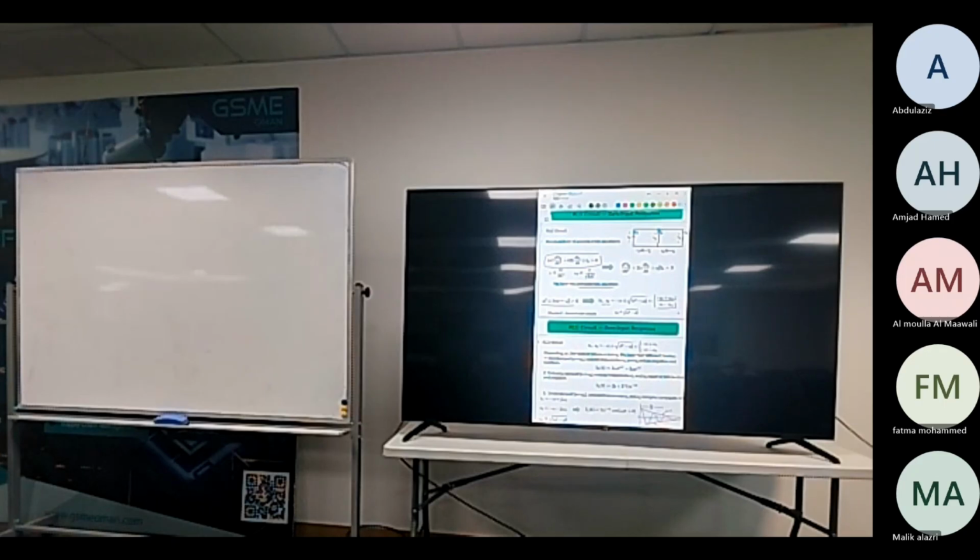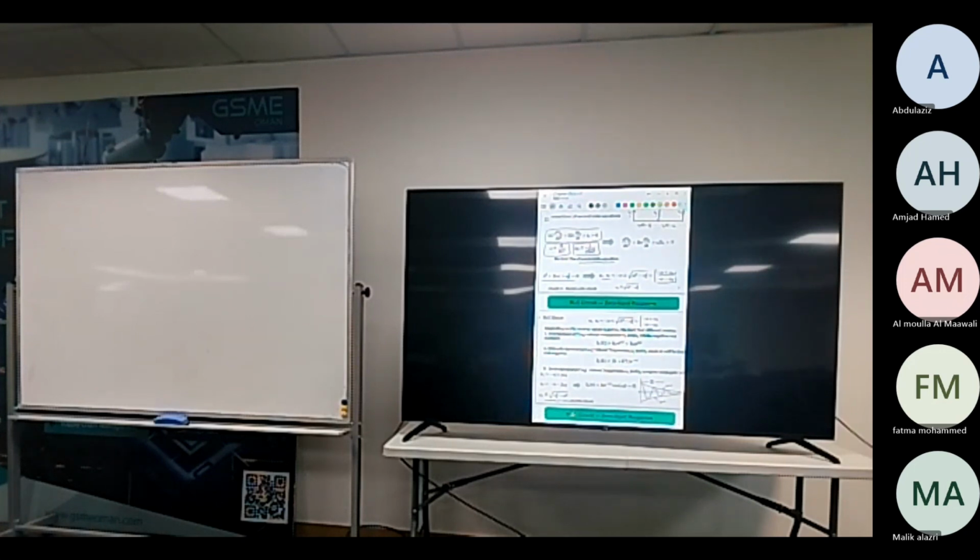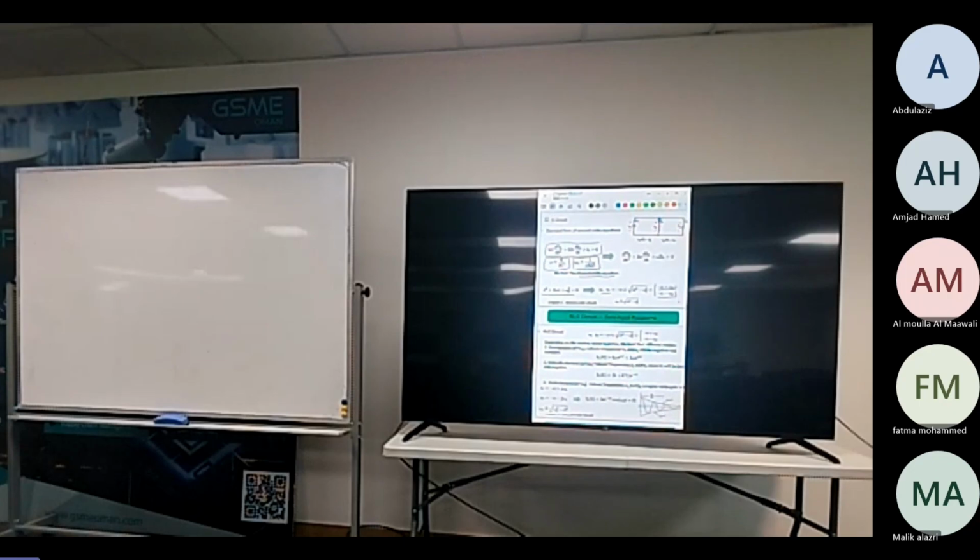So we summarize this equation with these two values. We call alpha the damping factor and omega 0 the resonant frequency. It means we are dealing with this equation.